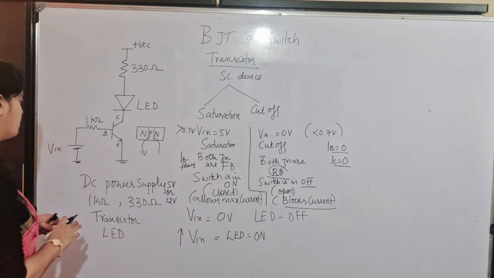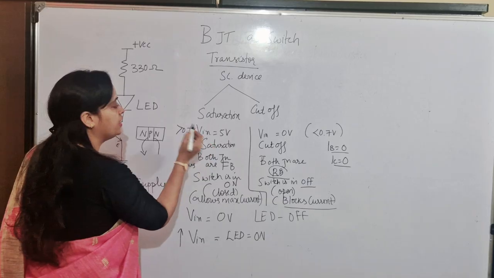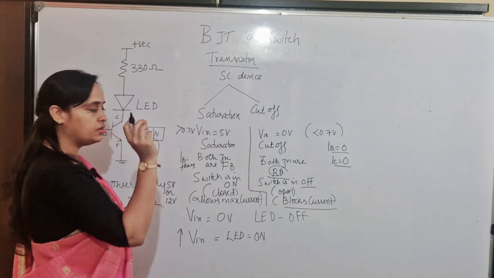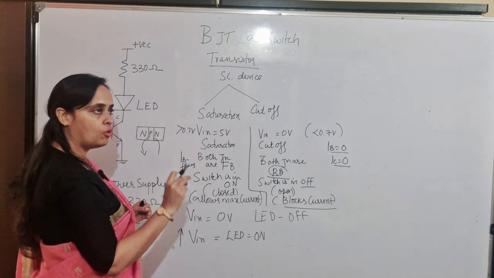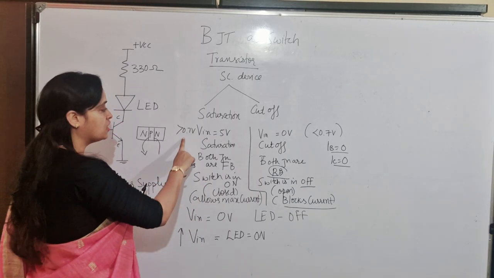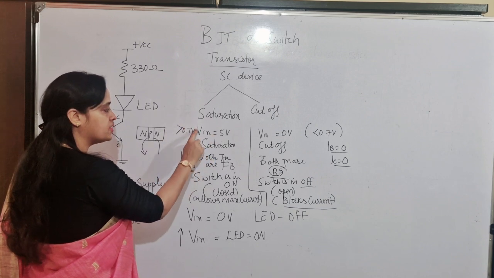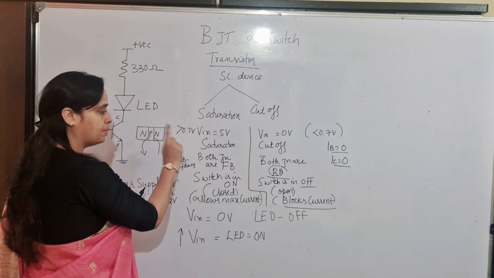Now, what happens if I increase Vin slowly? Suppose I start increasing Vin in small steps, 0.1, 0.2, 0.3. Let us assume it reaches the cut-in voltage, and once Vin is more than this cut-in voltage, what happens?